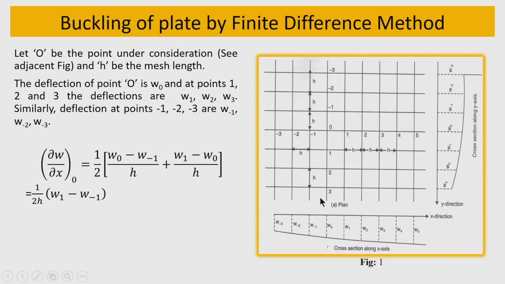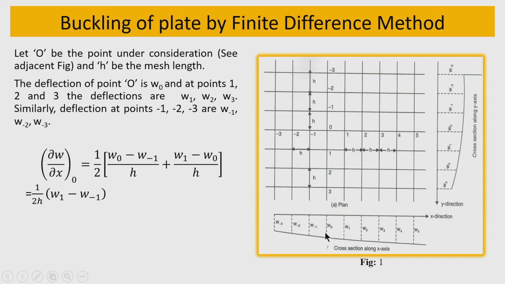So, if I consider the slope of the deflected surface along the x direction at node 0, you can see that the deflection magnitude is W naught here and W 1 here. So, from W naught to W 1 there is a variation of displacement, and therefore the slope exists.